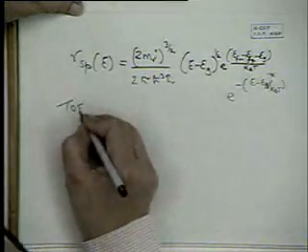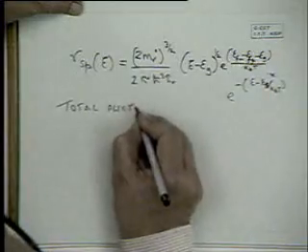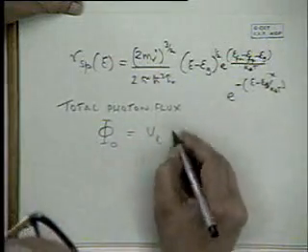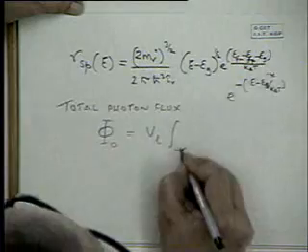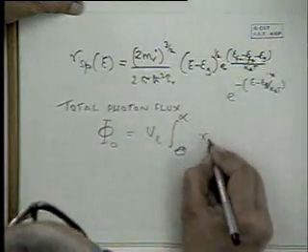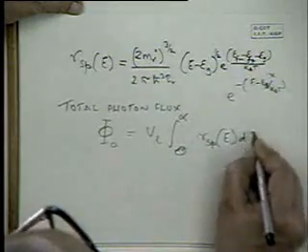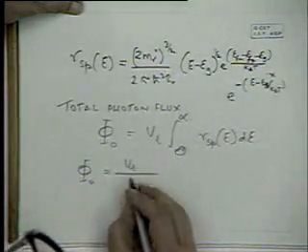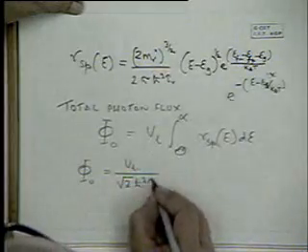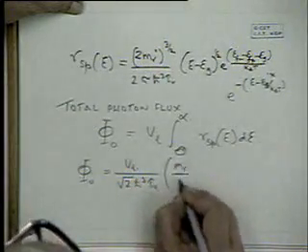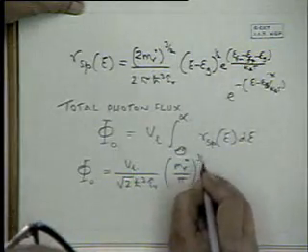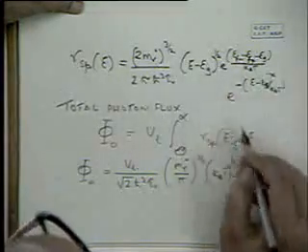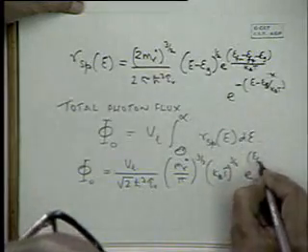So the total photon flux phi_0 is V_L, the active volume, integration over energy of R_sp, and this turns out, if you substitute in, e to the power, this is the important term, E_FN minus E_FP.